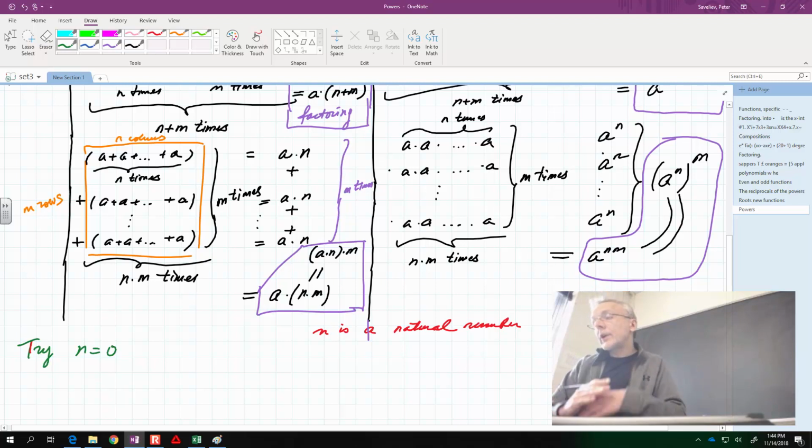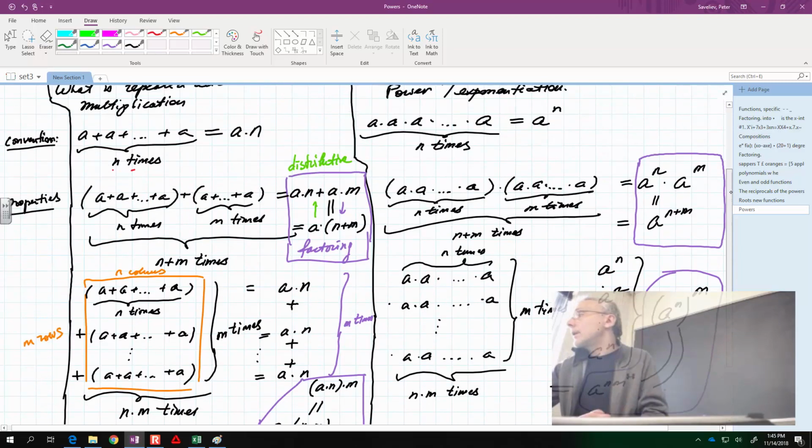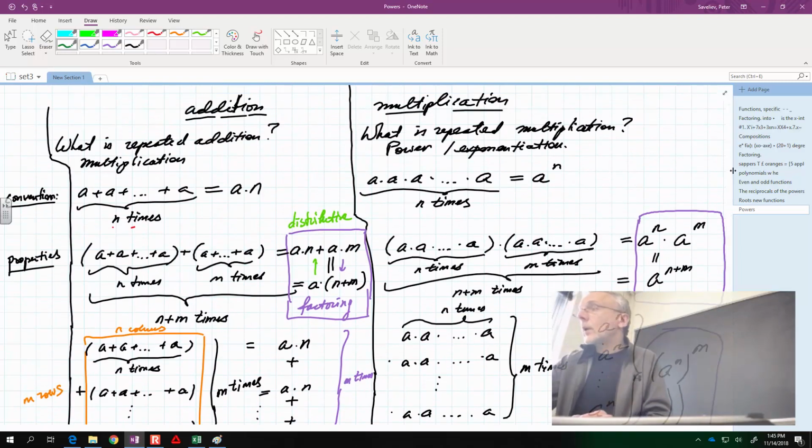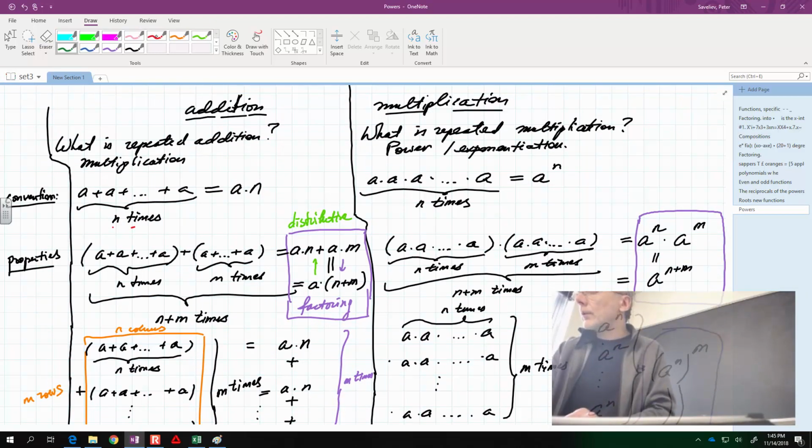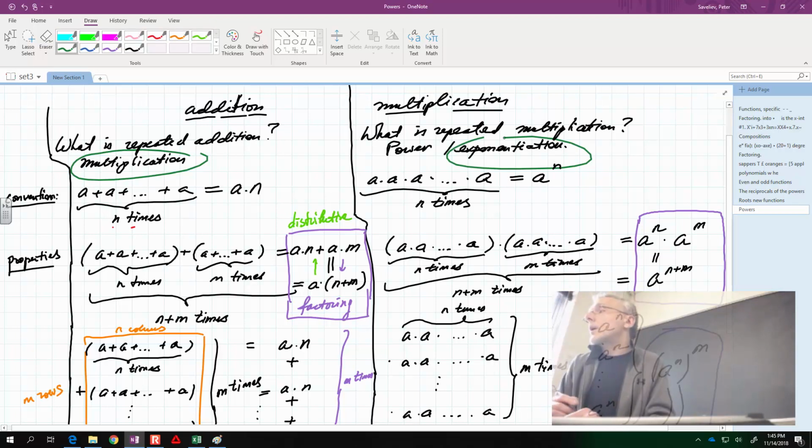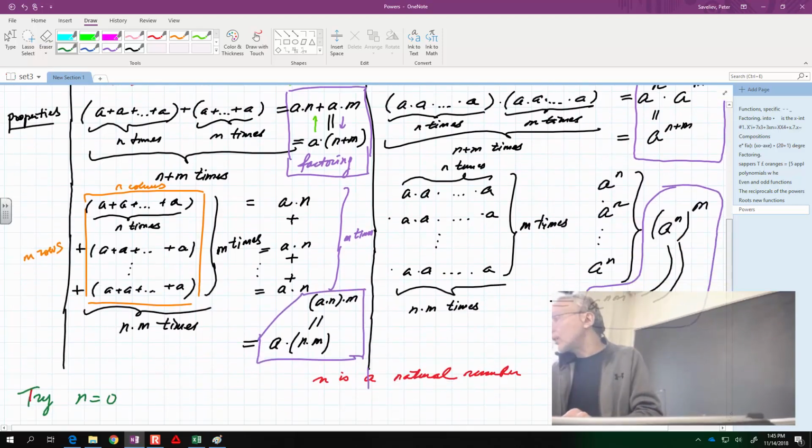We try to expand the idea of multiplication as well as exponentiation, or power, to numbers n that are not necessarily positive integers anymore. So the simplest one to add to the list is 0.